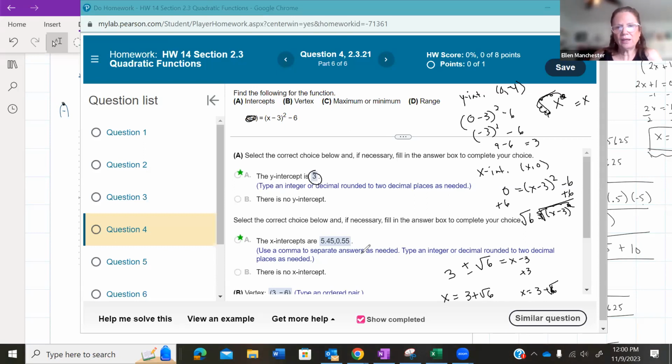So this is where they get their 5.4, and they're rounding it. And then the other one is 0.55. So notice when it says rounded to 2 decimal places.